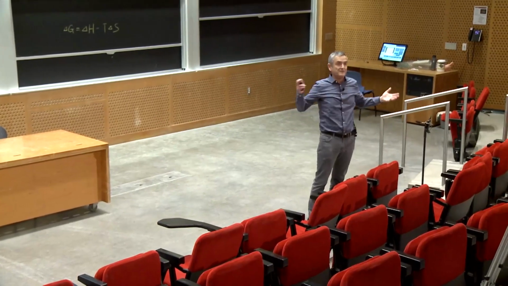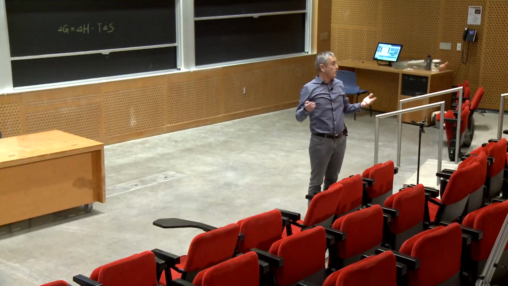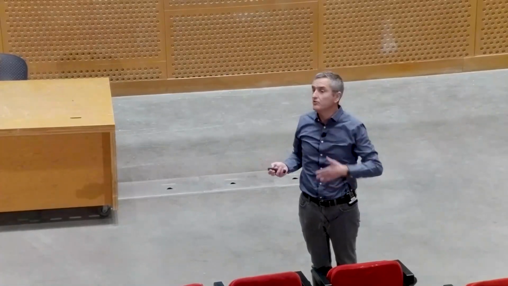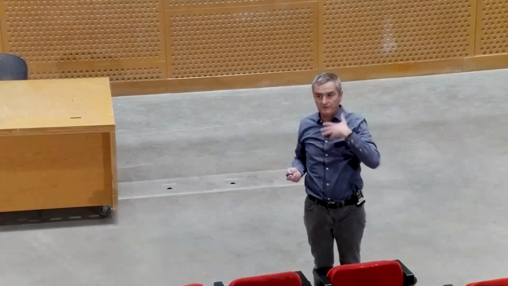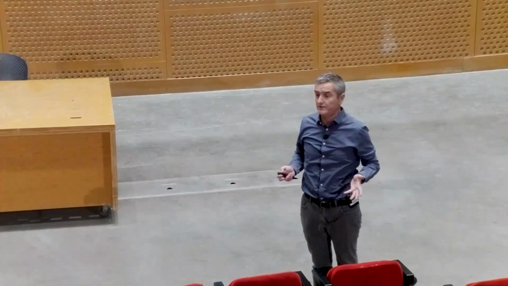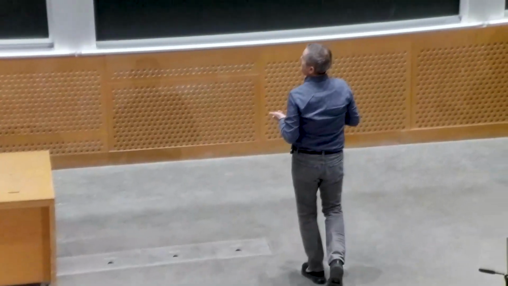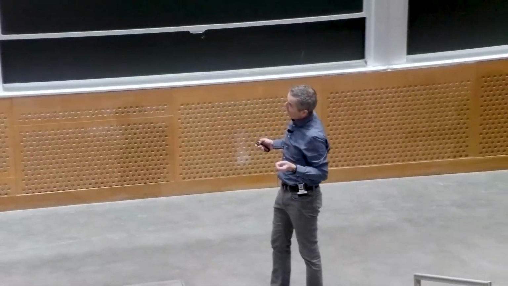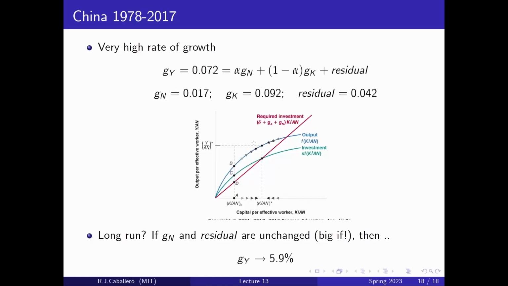You had a war, so your capital stock was wiped out, or you had a period in which the saving rate was very low, and now you're going to a high saving rate episode. A lot of that is what happened in Southeast Asia in particular. Actually, there was a sharp rise in the saving rate. But the bottom line is, for one of these reasons, that's a situation where the initial capital stock was below the steady state.